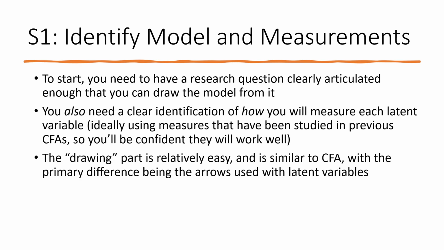And frankly, after you've done these first two bullet points, the drawing part is pretty easy. So sometimes people think of this first point as the drawing, and it is in many ways. But the thing is that you have to have a ton of information to be able to make that drawing.